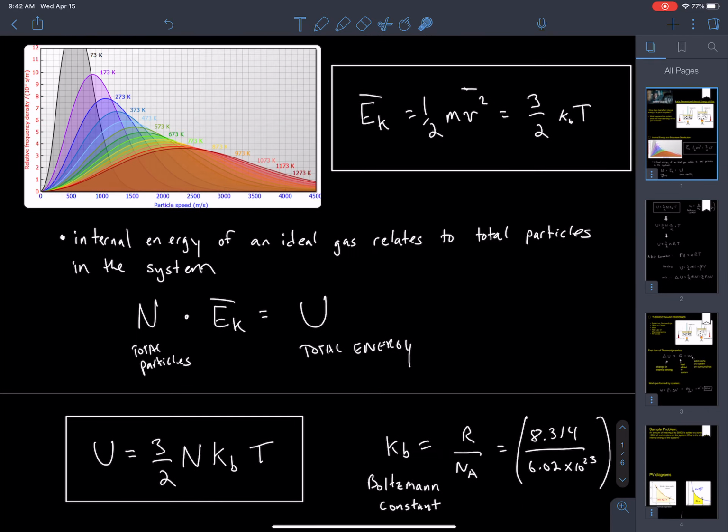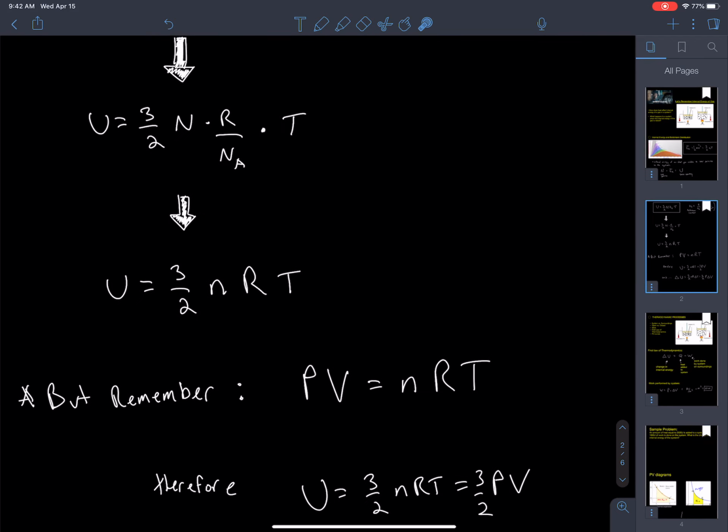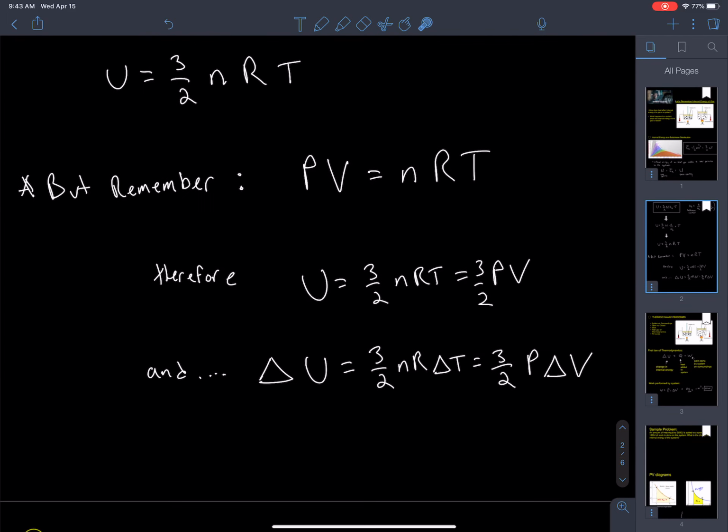So if I go back up to this picture, you can see that as we change the temperature of the gas, we cause a change in volume related not to our general explanation of PV equals nRT, but to internal energy. I can derive that change in volume as a function of that internal energy formula, which is very important if you're looking at engines. And that's the goal of what we're doing for this unit.